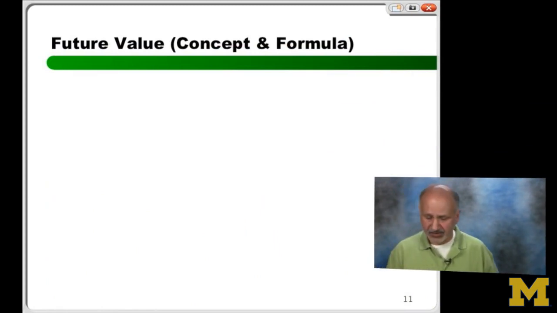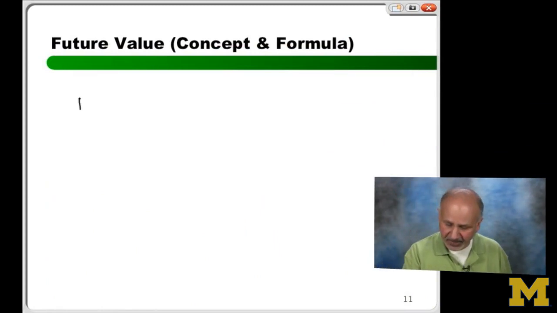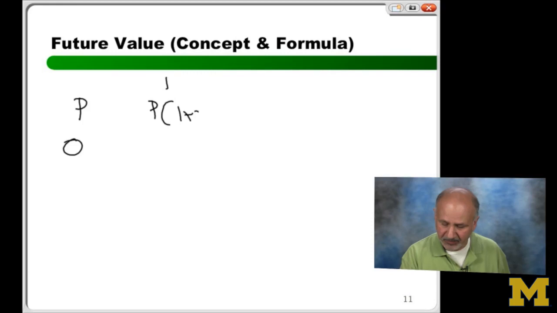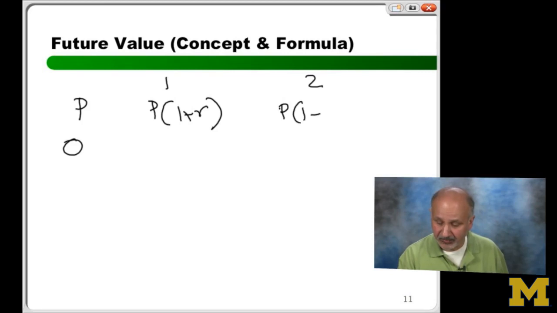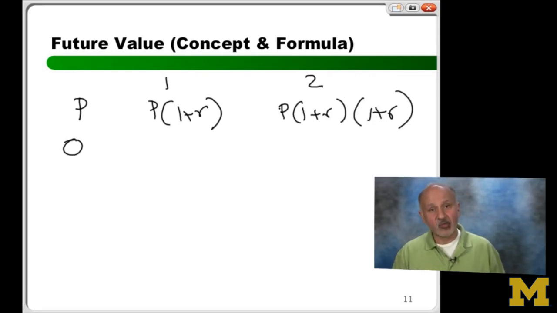so that you can understand. The formula says this: if I have P at time 0, after 1 year it will be P(1 plus R). After 2 years, what will it be? P(1 plus R) times (1 plus R). Why?